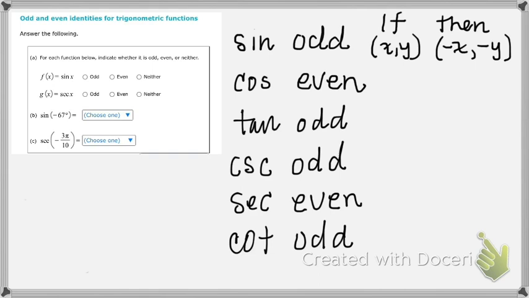For an even function, if a function has coordinates x and y, then the function must also have coordinates negative x and y.